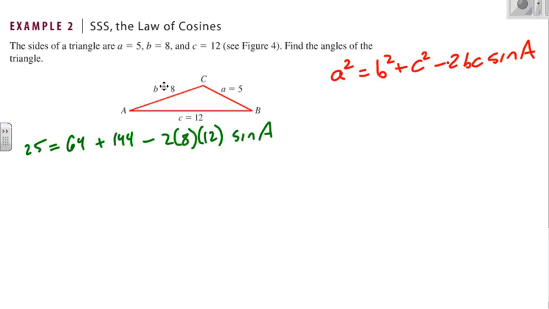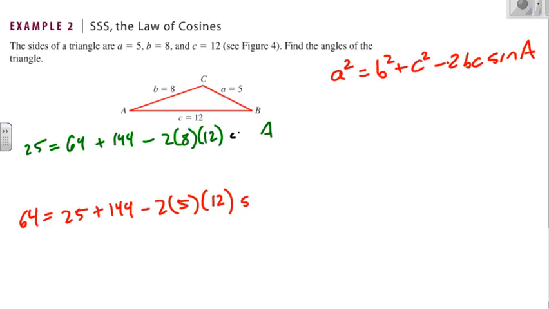So that's going to be 64, 8 squared, equals a squared plus c squared minus 2ac. Oops. I wrote sine instead of cosine. Cosine b this time.